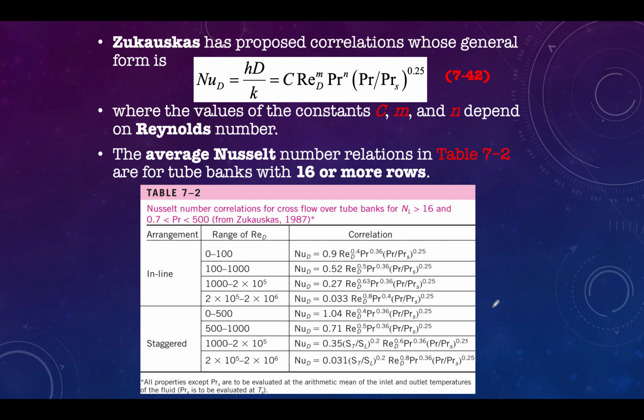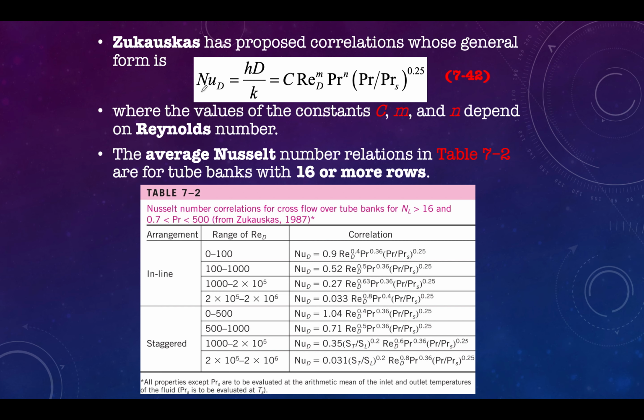Then in order for you to determine the Nusselt number for tube banks, we will use the Zukauskas equation. As you can see here, 7.42. So this is the correlation proposed by Zukauskas.